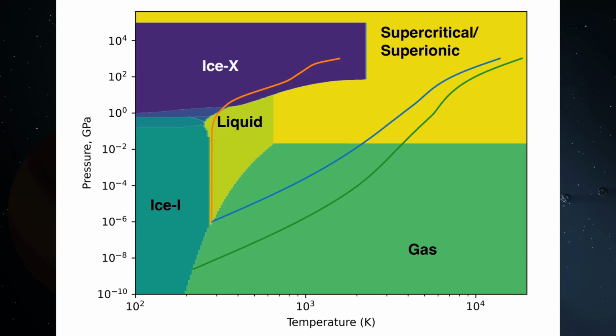And this is important because other studies have shown that a supercritical steam atmosphere would have a significantly larger radius than a regular water vapor atmosphere over a liquid ocean. So that could explain the radius distribution of sub-Neptunes, where water worlds previously weren't so much of a solution to the problem of the evaporation valley.